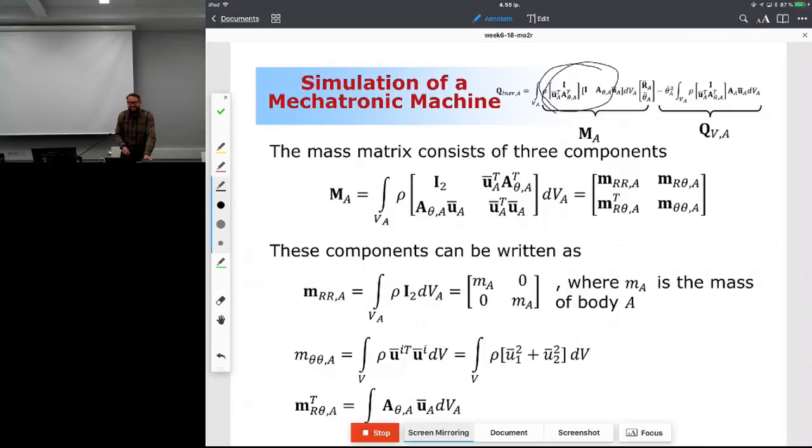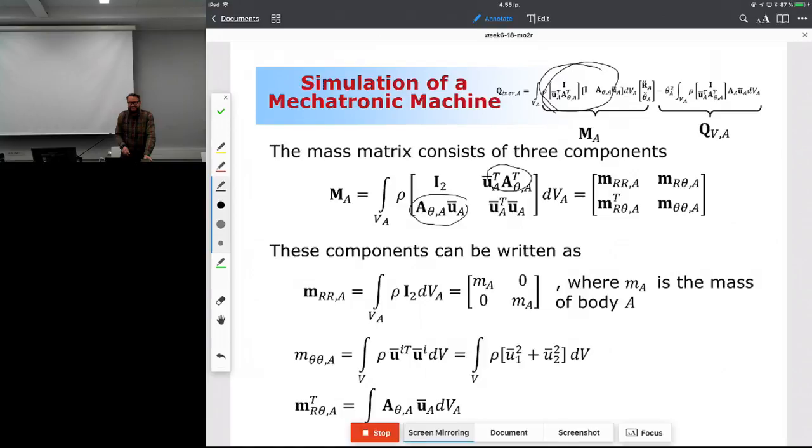The third component is something very unique. It comes from the fact that the body reference coordinate system can be located anywhere in the body. If it is located at the center of mass, then this third component, here and here, will be equal to 0. But if not, then it couples translational and rotational motion. So that's what we need to look at in a little more detail.